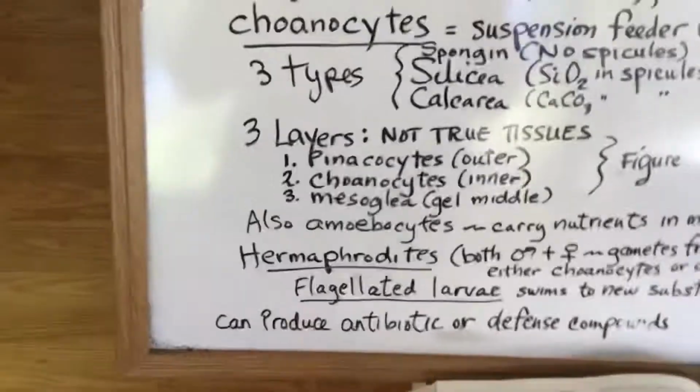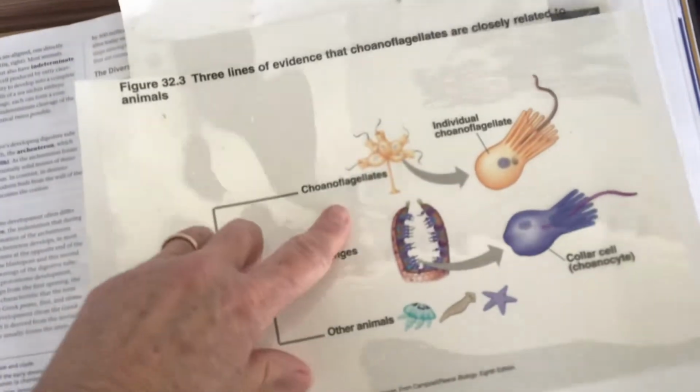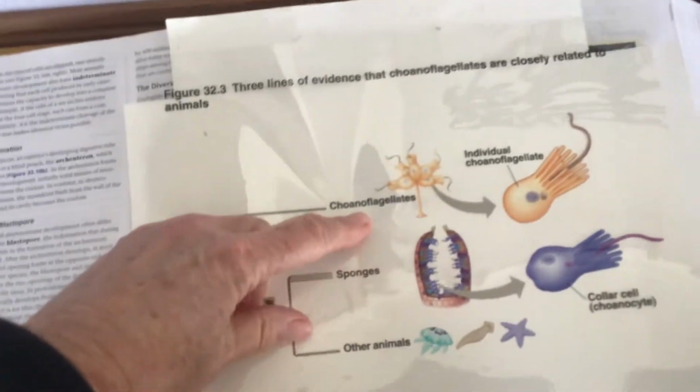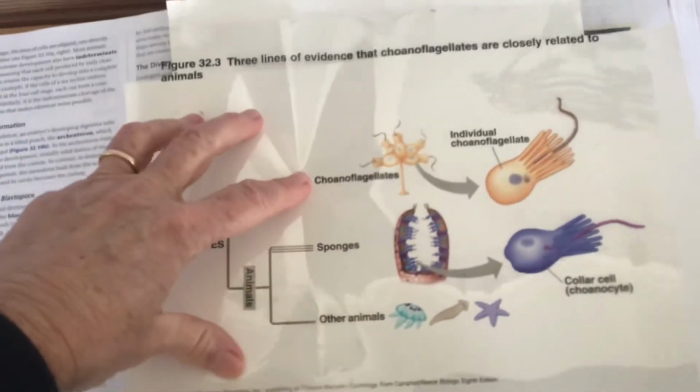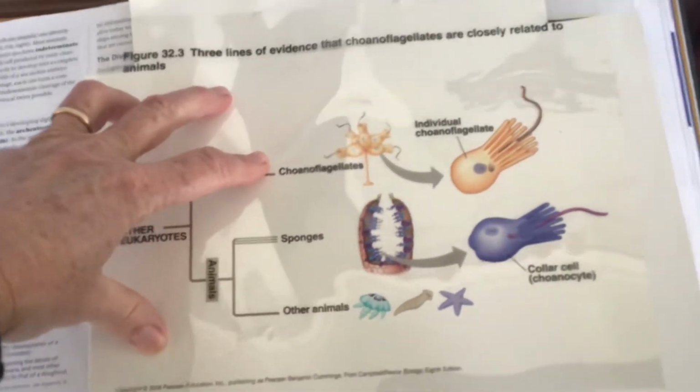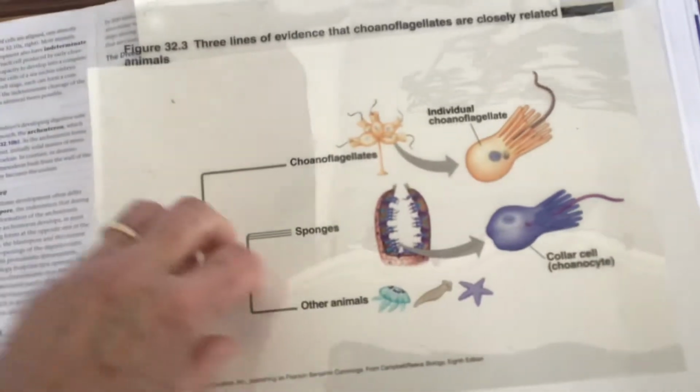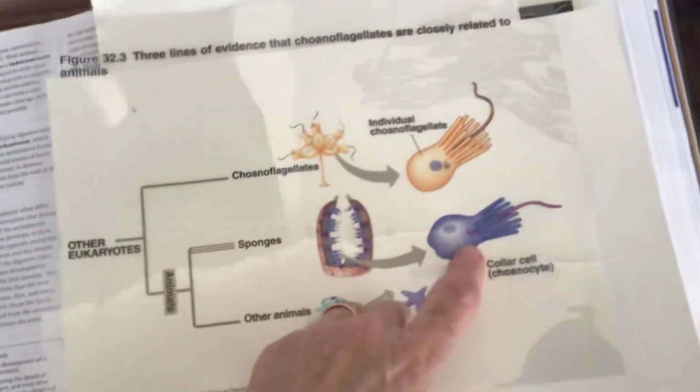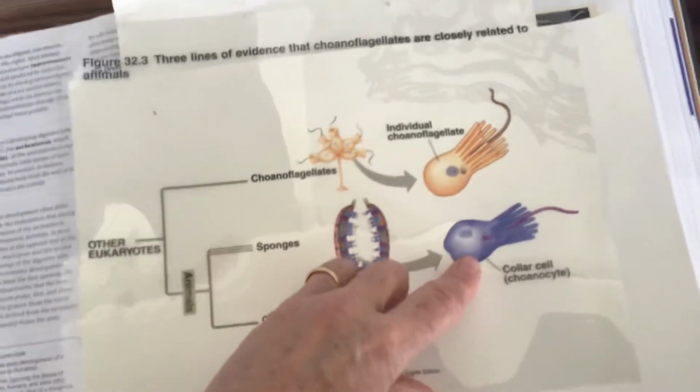All right. So I also wanted to remind you that we were talking before about the choanoflagellates, which gave rise to fungi and the animal groups. One of the reasons why they think that is because these sponges have cells that look pretty much like that.